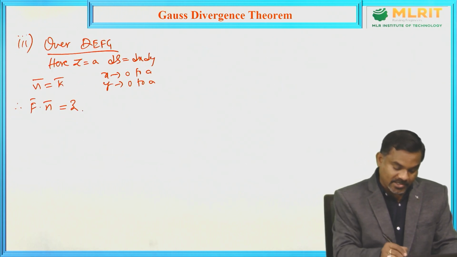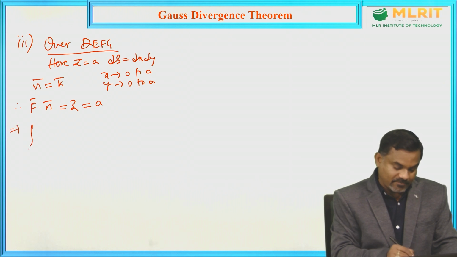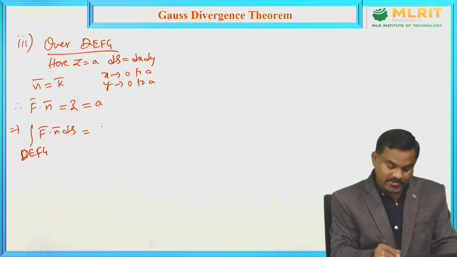Here we get z, but z equal to a. So that implies the surface integral over the face DEFG of f bar dot n bar ds is y from 0 to a, x from 0 to a, dx dy.